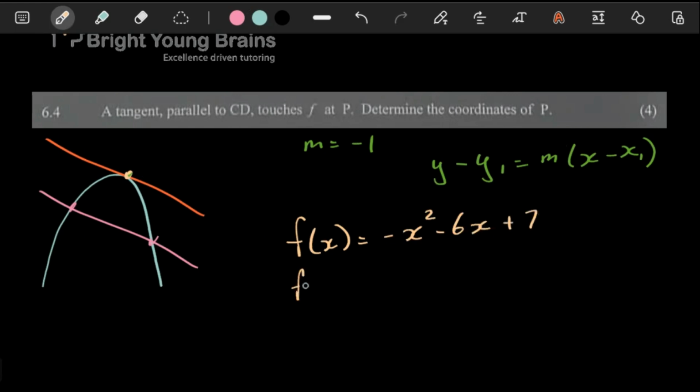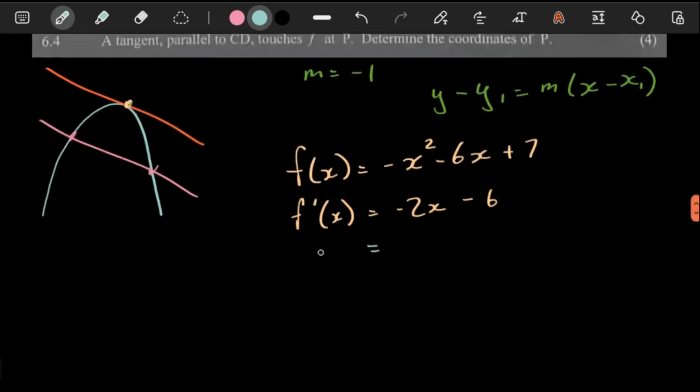In our parabola, we need its gradient equation. So this is -2x and then -6. And in this gradient equation, we want to work out where the gradient is equal to -1. So the x value where the gradient is equal to -1, let's see here.